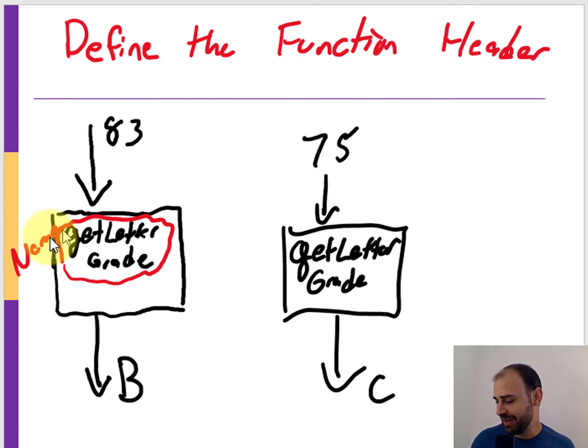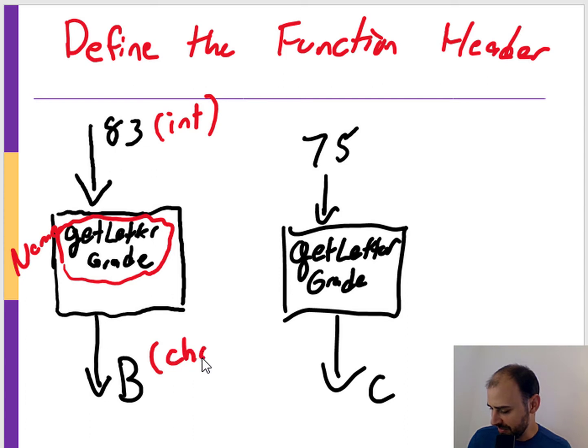In this case, we'll just assume it's integers, though you can imagine this being a double as well. So maybe the input is an integer. And the output, like I said, we're not going to worry about pluses and minuses, so the output is a character, a char. That's the information that we need.